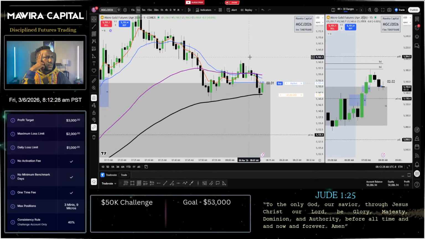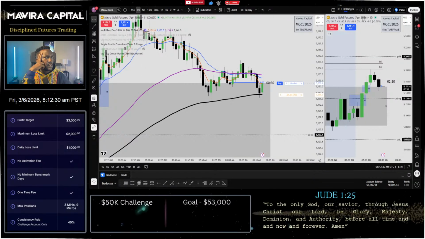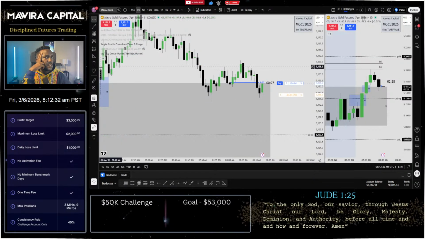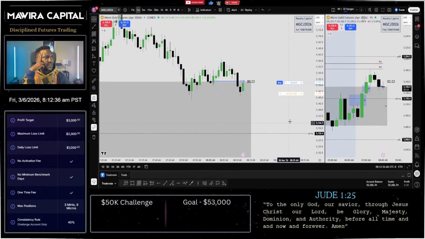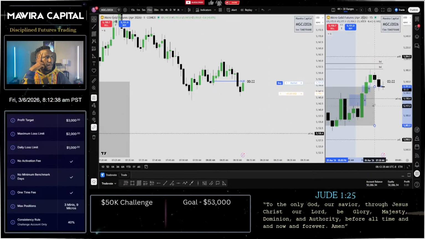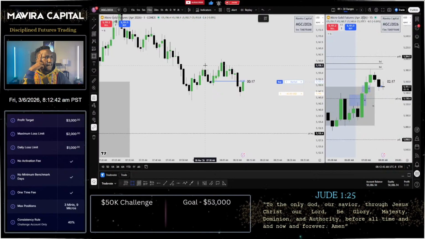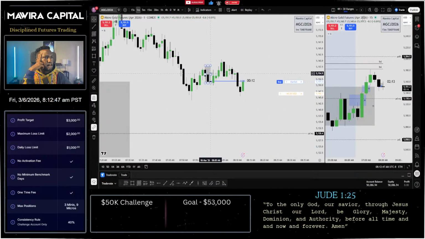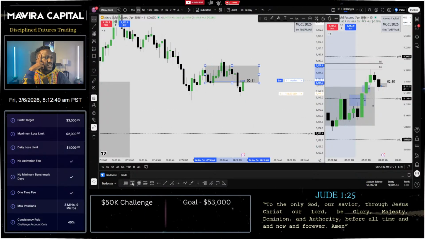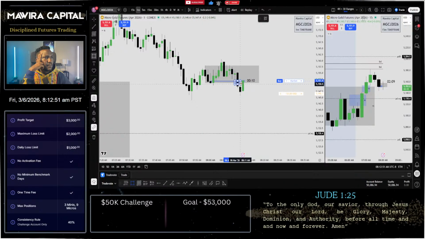Here's a break on the 1 minute paired with the one. This looks good for a short, honestly, a quick short. If I put this away, that downward momentum, we have a breaker here, paired with this 1 minute fair value gap.